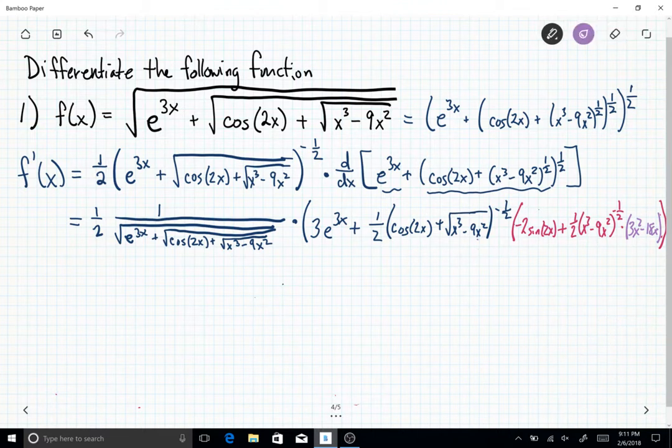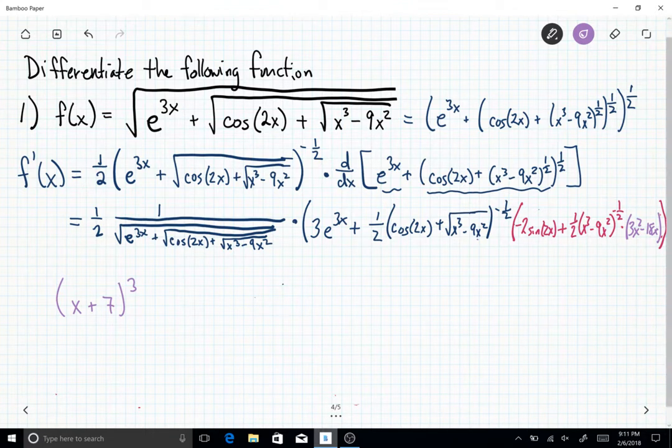So let's see. If we did something like (x + 7) cubed, right?